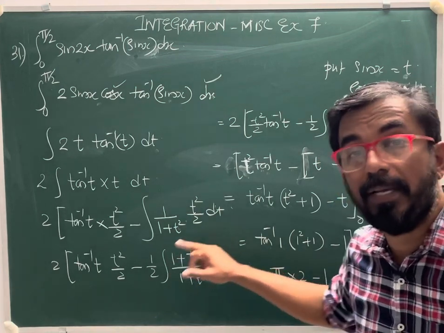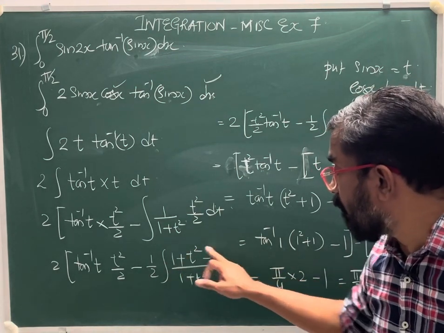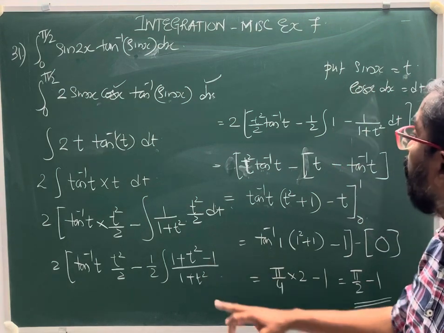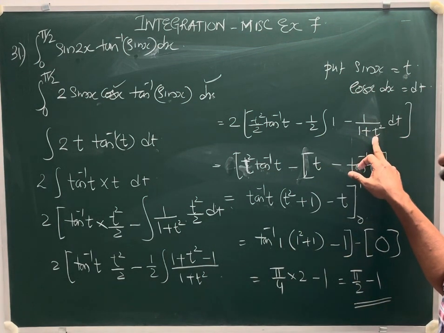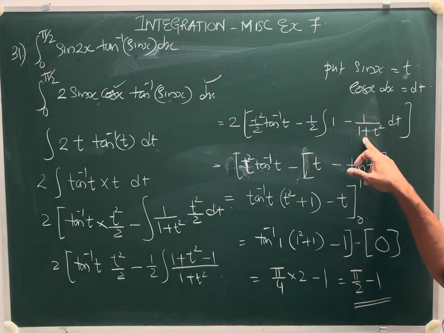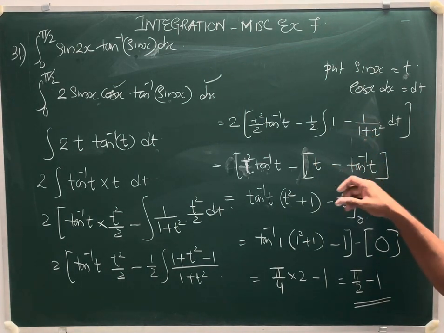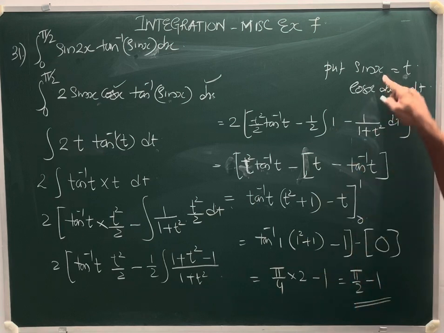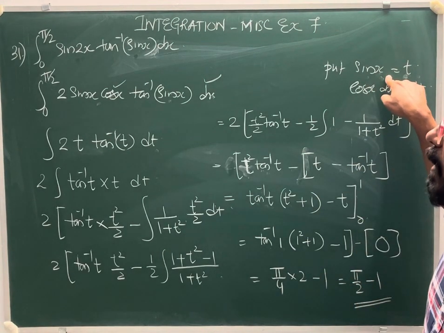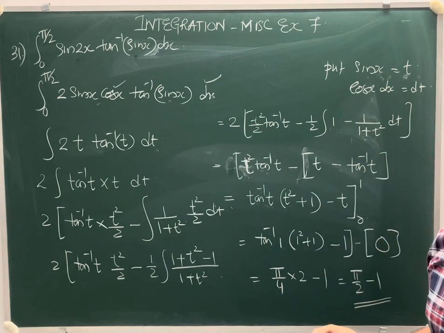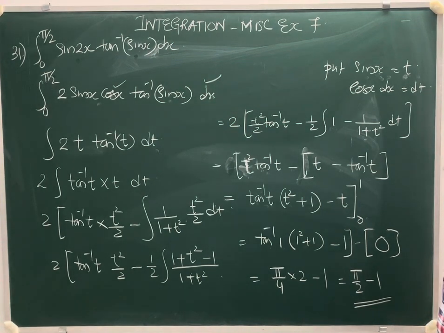You should make a note of this. You add 1 and subtract 1 so that you can convert this into 1 minus 1 by 1 plus t square. So integration of 1 is t, and this is tan inverse t. Then you find, when x is 0, sin 0, t is 0. When x is pi by 2, t will become 1. So you apply the limit. Carefully work out once, then you feel it's good.